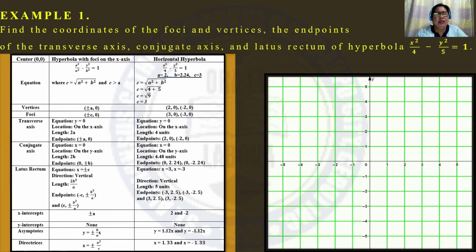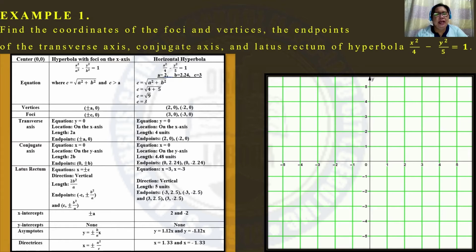The equation of the transverse axis is y is equal to 0, which is on the x-axis. And the length is 4 units because 2 times 2, which is the value of a, is 4. The endpoints of the transverse axis are the same with the coordinates of the vertices.